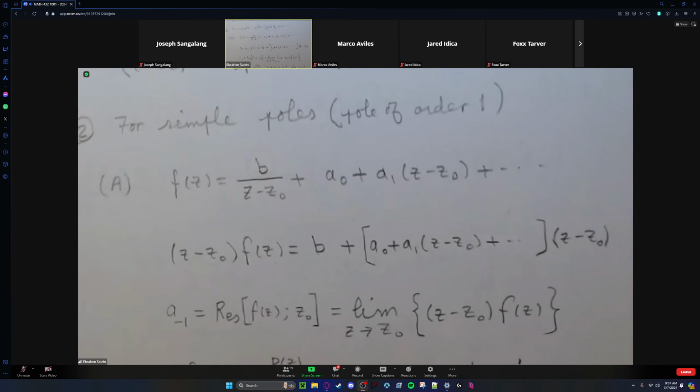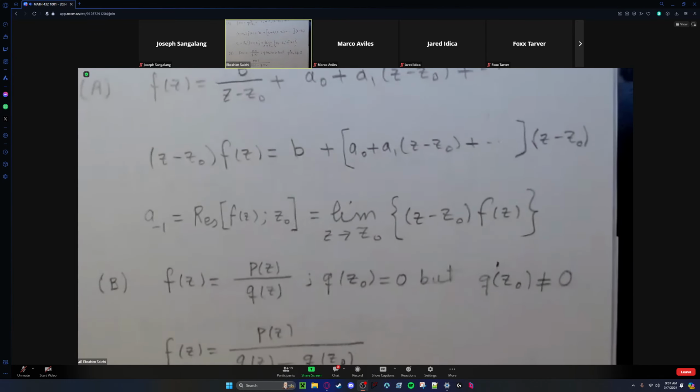In fact, when you have a simple pole, there are three approaches, of course. One, writing the Laurent series, fine. I called it part A. Here is part B. You can do it in this fashion as well.